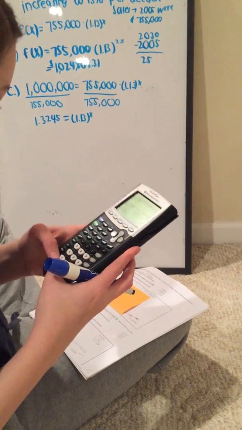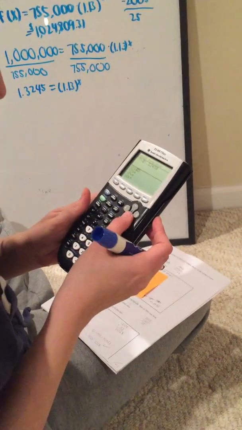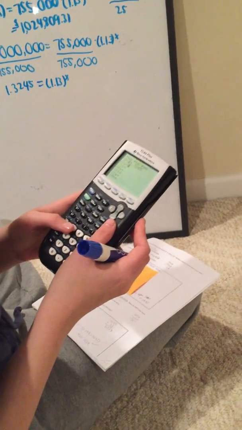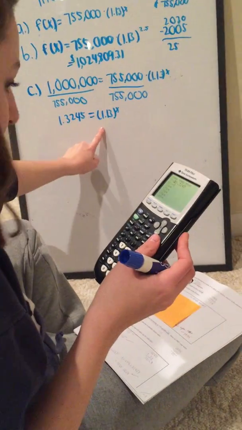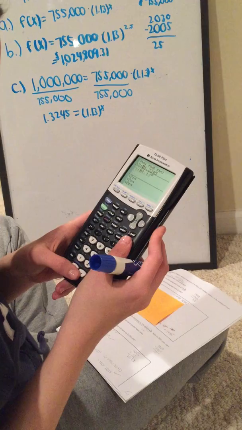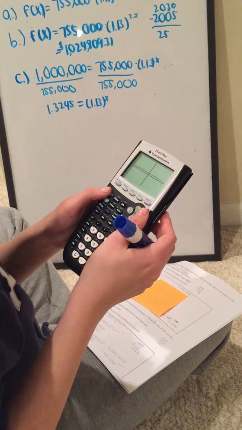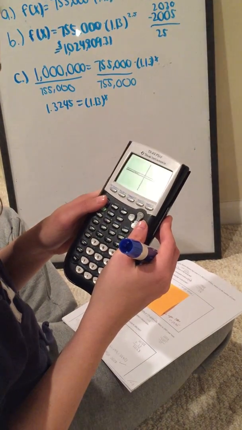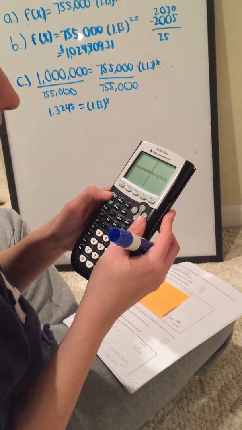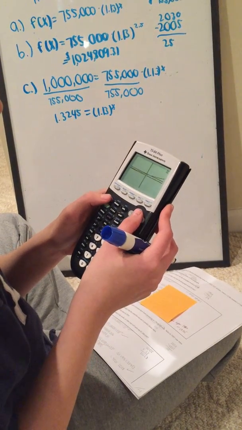So that'd be 1.3245, and then y2. This would be y1, and this would be y2: 1.13 to the x. And then we want to find the point of intersection for this. We might have to change the windows a little bit, but let's see.